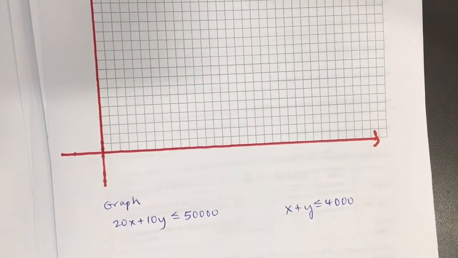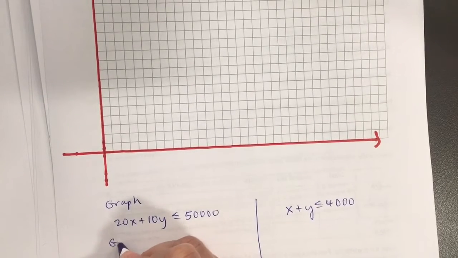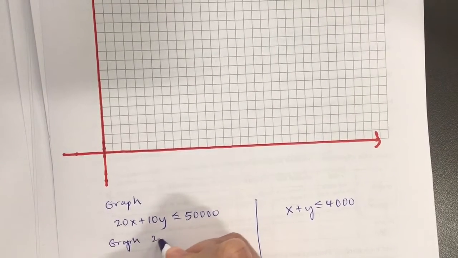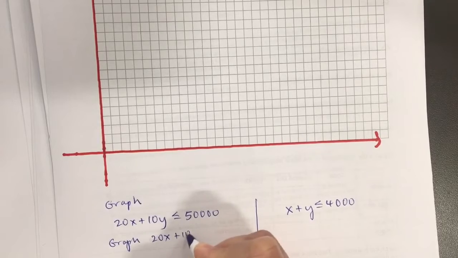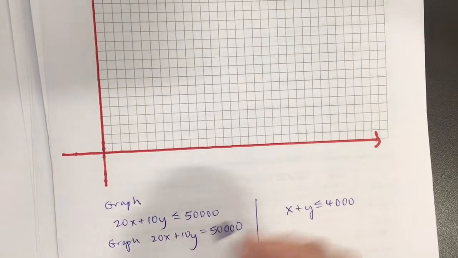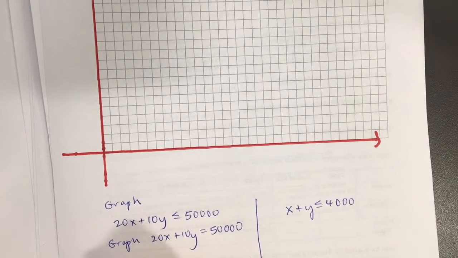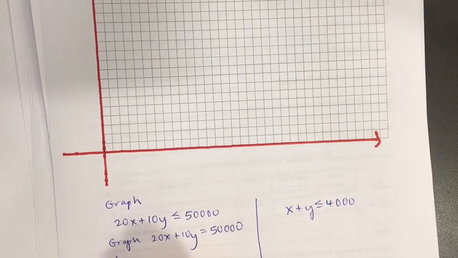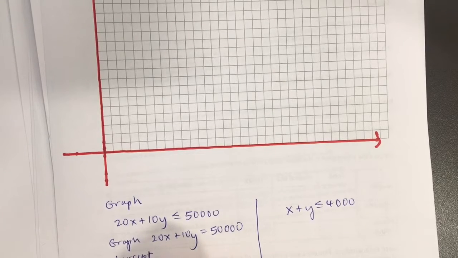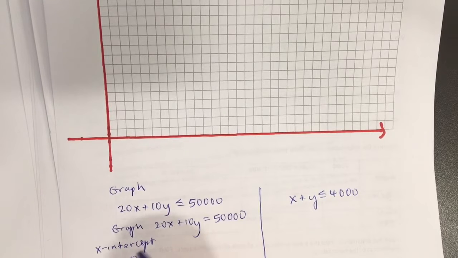So I'll graph these two constraints. For the first one, I'll graph the straight line, 20x plus 10y equals 50,000. Find the x and y intercepts. So the x-intercept, I'll put y equal to 0.